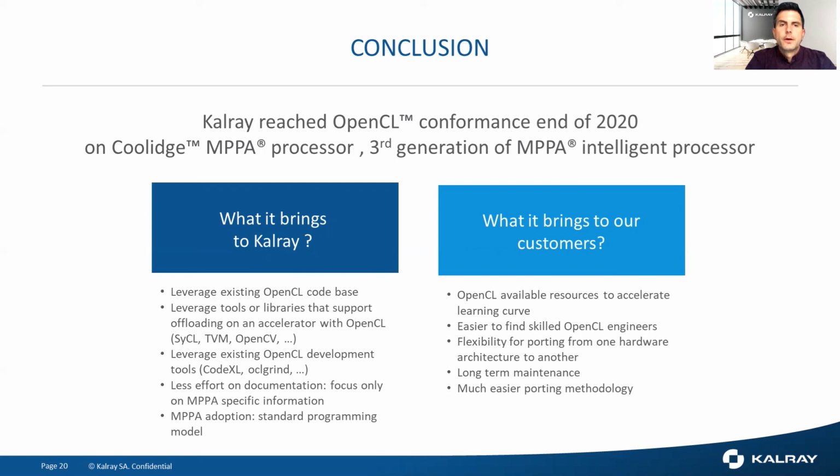There is also a kind of strong ecosystem around OpenCL with a lot of tools or libraries that use OpenCL as an offloading API. I can just take a few examples like Cycle, TVM, or OpenCV that has an OpenCL backend. It also allows us to leverage existing OpenCL development tools. Again, I just mentioned a few like CodeXL or CLGrind, etc.